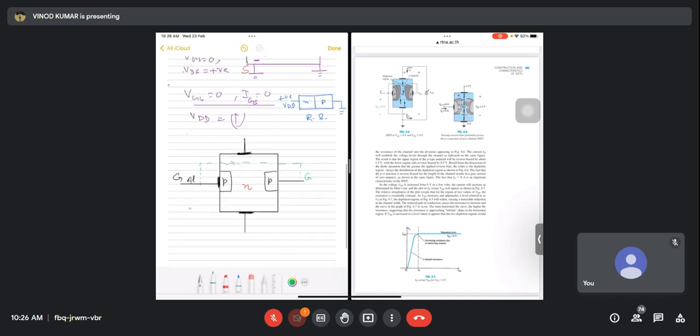Okay, if you see this, as you increase this voltage, suppose it is initially 5. If I am increasing it from 5 to 6 to 7 to 8 volt to 9 volt to 10 volts, I am increasing this VDS, this voltage.